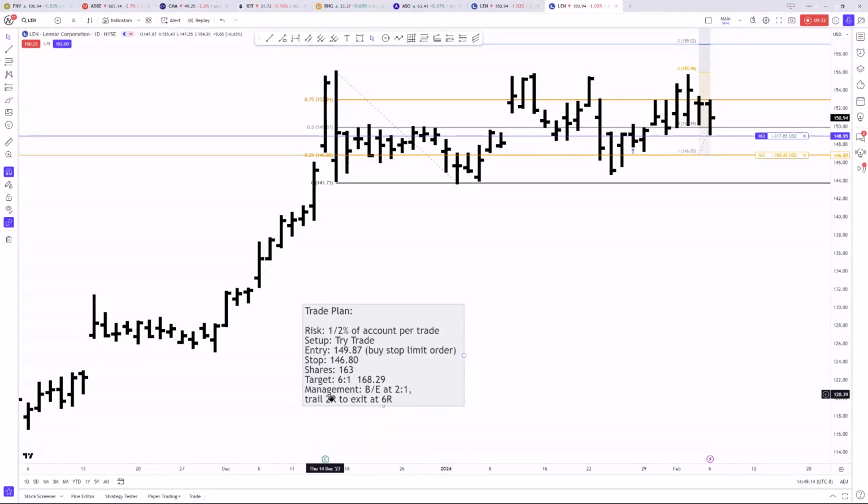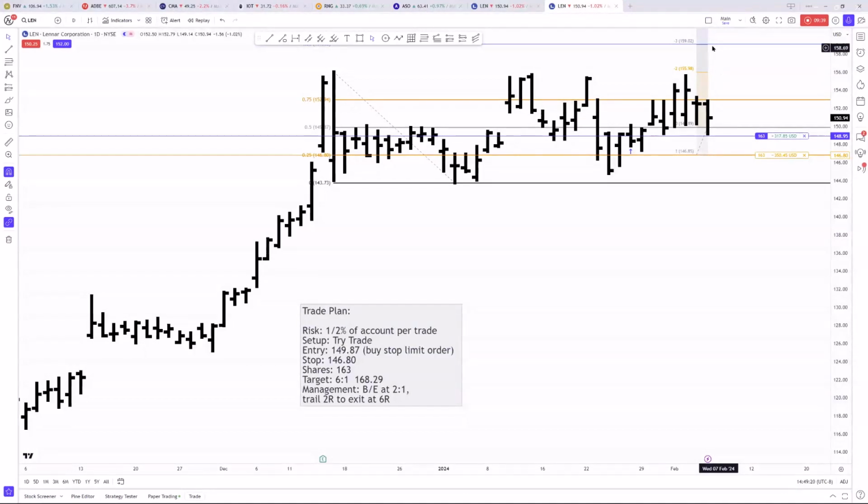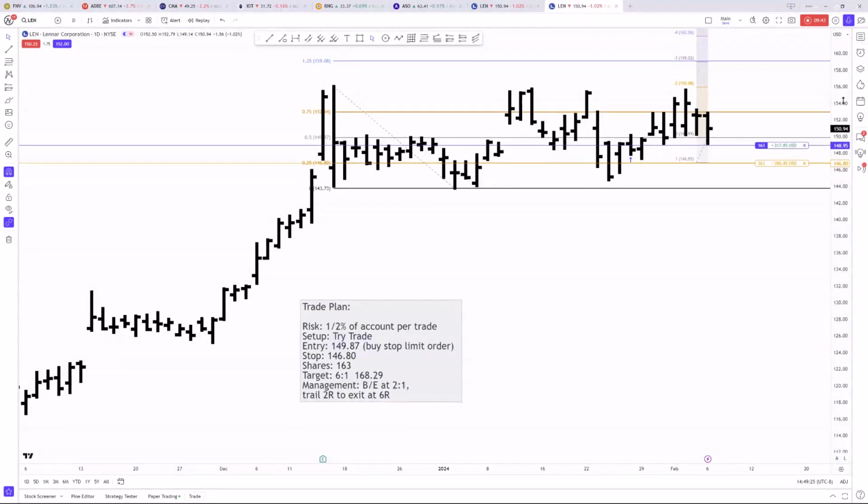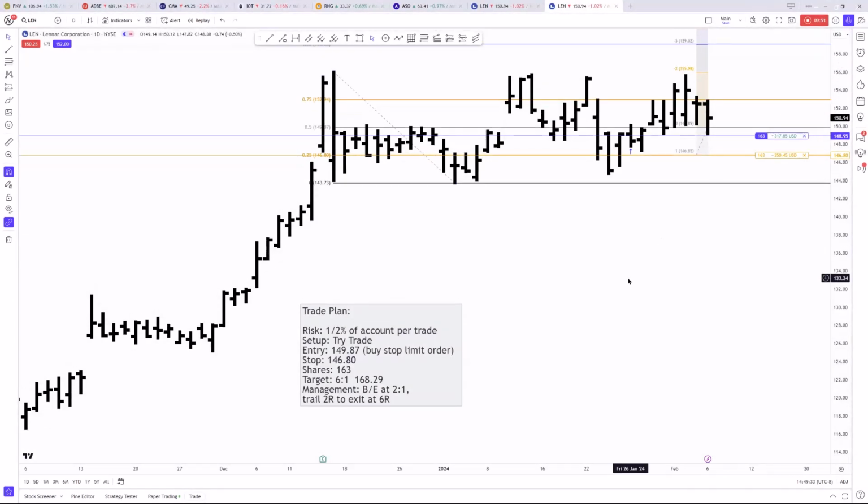Well, management is break even at 2 to 1. I have not hit 2 to 1 yet. 2 to 1 is going to be up yonder, one more space up here. Am I in the money? Yeah, by a little bit, but I have not hit 2 to 1, so I do nothing. So I'm following my plan. That's just a follow-up on this stuff.